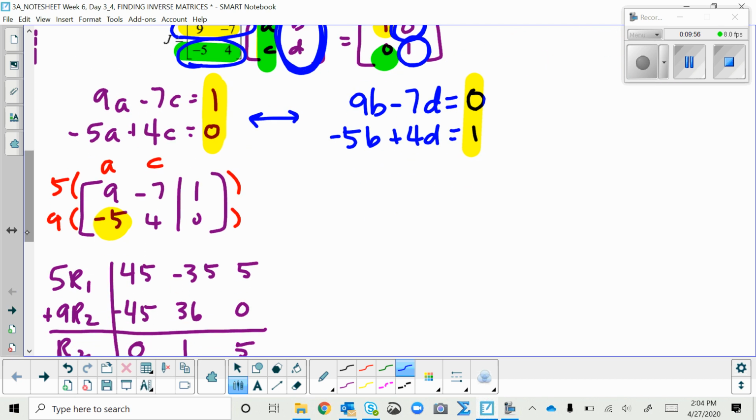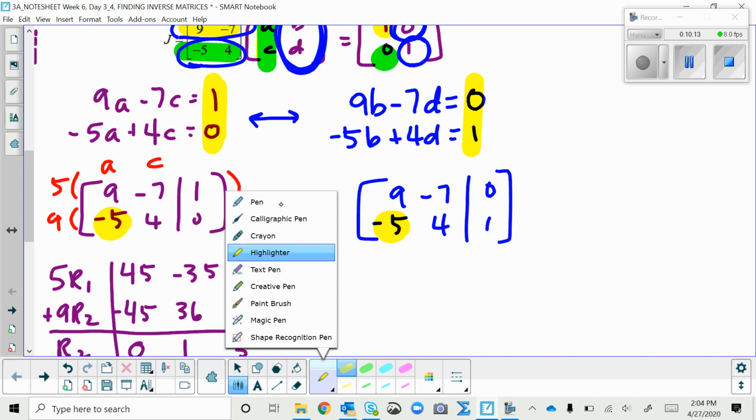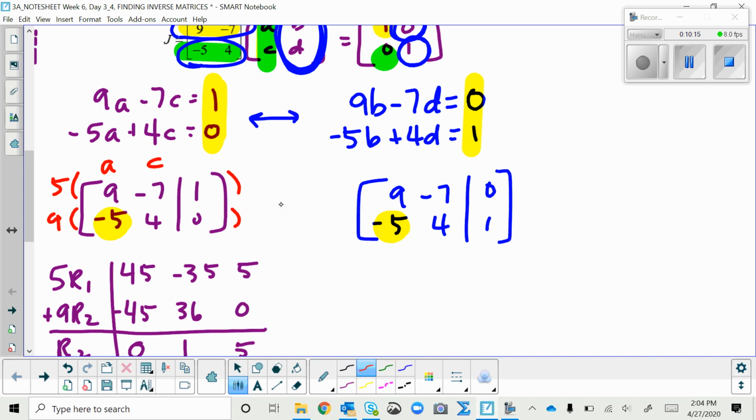Set up your augmented matrix. 9, negative 7, 0, and negative 5, 4, 1. And we need a 0 in the same spot right here. So notice that the beginning part of the problem stays the same. 5 times row 1, 9 times row 2.